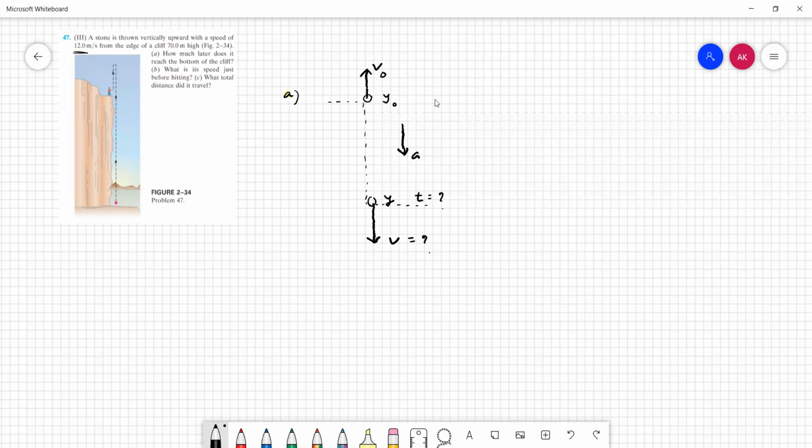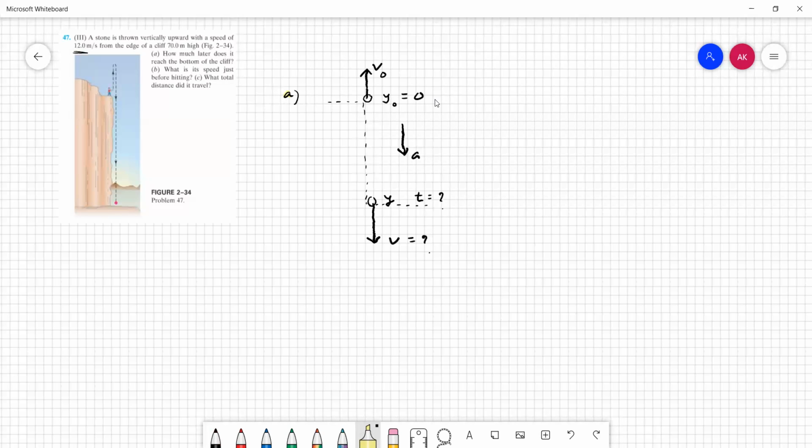So if I say y is not equal to 0, what is y? Any other information given in the problem? Any other number you see? The displacement, the height, and gravity.